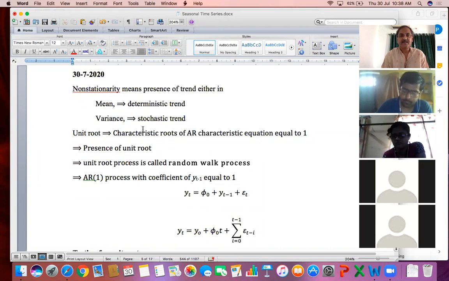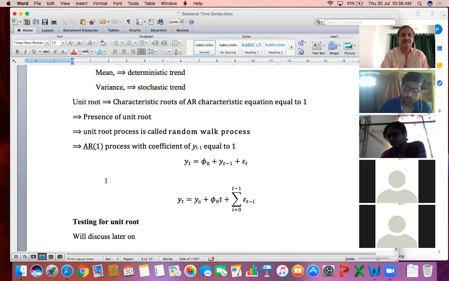Random walk process is very important, observed in many time series, particularly financial time series. Random walk process is simply an AR(1) process, autoregressive of order 1, where the coefficient of y(t-1) is equal to 1. It was phi 1 in our previous day's analysis.